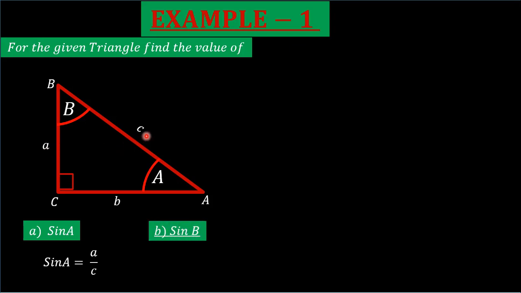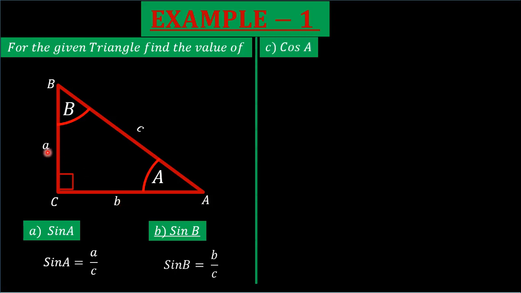However, if you consider sine but this time angle B, then perpendicular and the base will swap their positions. However, hypotenuse c will remain the same. So in this case for sine B, we will have the ratio of the side b to the side c. If you need to find the cos of A, curly brown hair. So cos of A means you have to divide the base by the hypotenuse.